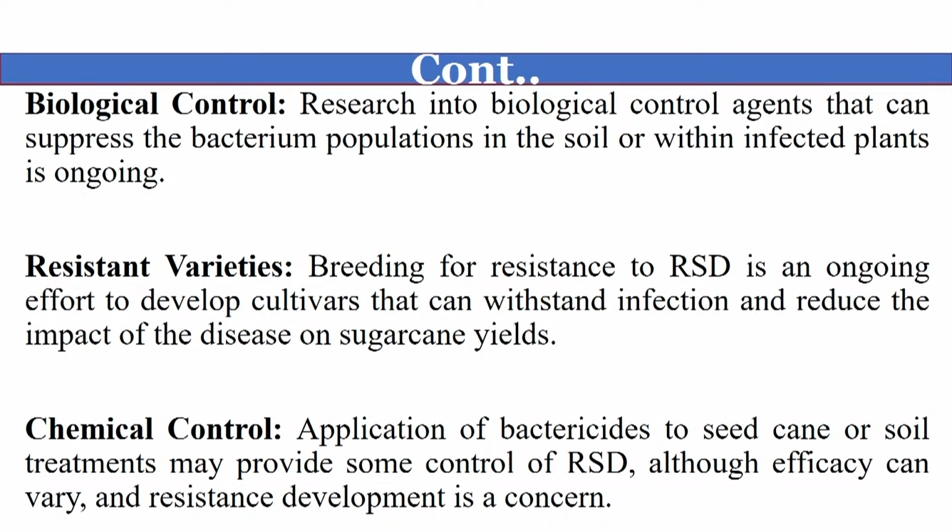Resistant varieties have also been identified, and breeding for resistance to RSD is an ongoing effort to develop cultivars that can withstand infection and reduce the impact of the disease on sugarcane yield.